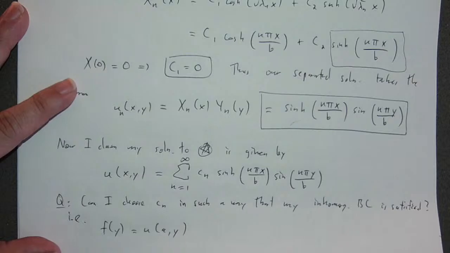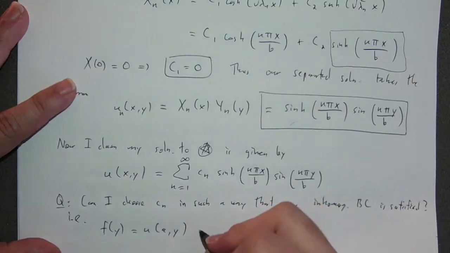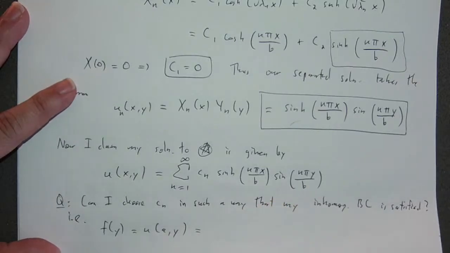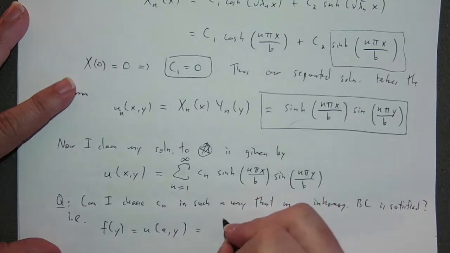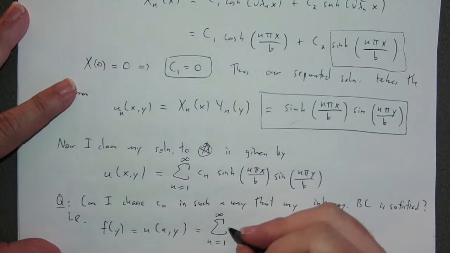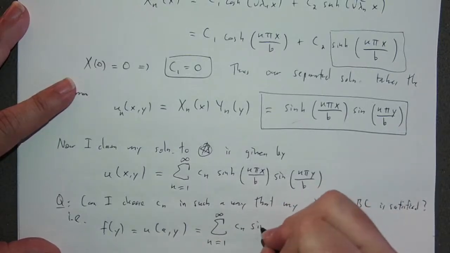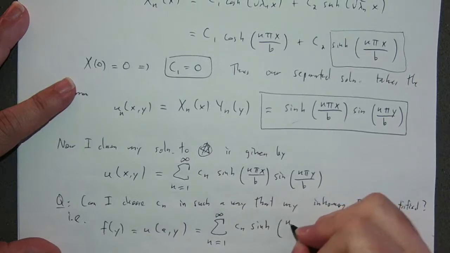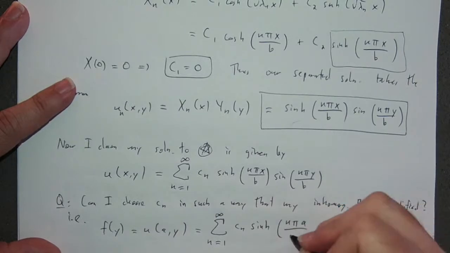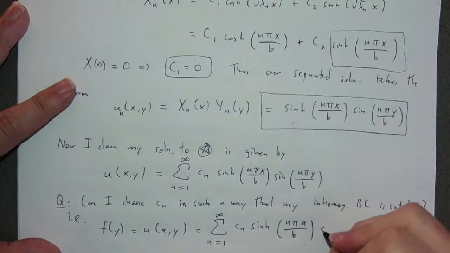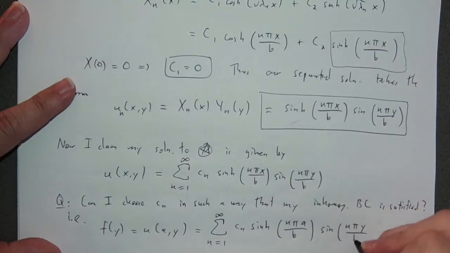And so what is u of a, y? That is the sum from n equals 1 to infinity of c sub n sinh of n pi a over b sine of n pi y over b.